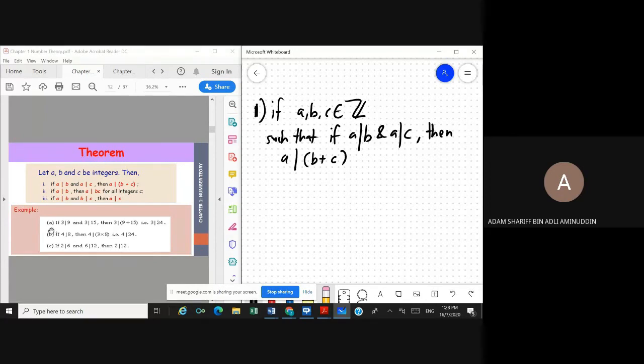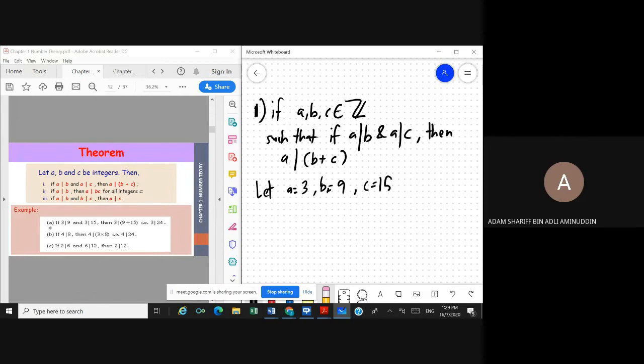For example, as shown here, if 3 is a factor of 9 and 3, which is A in this case, okay, I show you. Let A equal 3, B equal 9, C is 15.